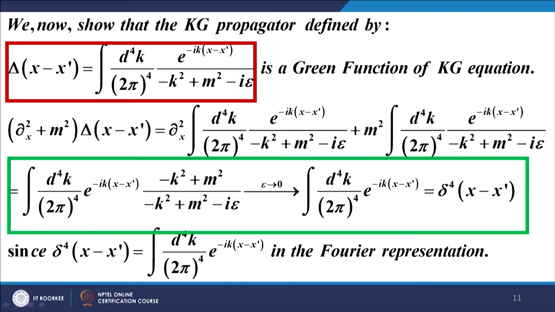The m squared leaves the propagator unchanged, multiplying it simply by m squared, and in the limit that epsilon tends to 0, what I have is the delta function in x minus x dash, and that is clearly seen by the Fourier transform of the delta function, the expression for the delta function in Fourier space.